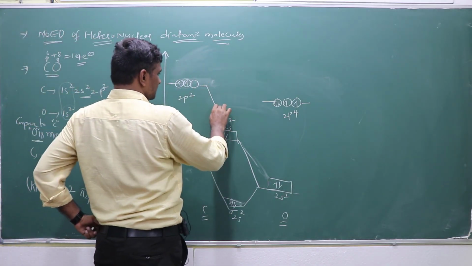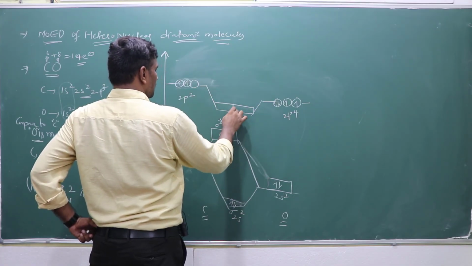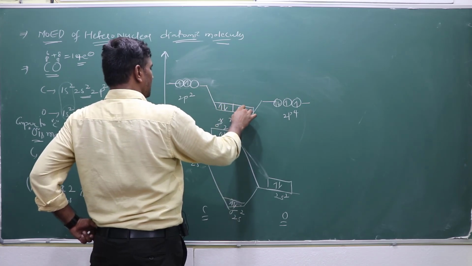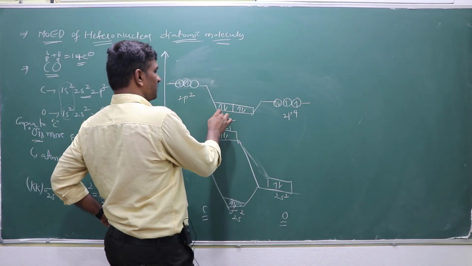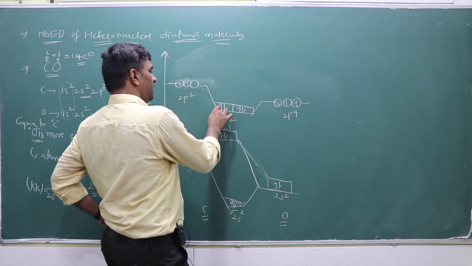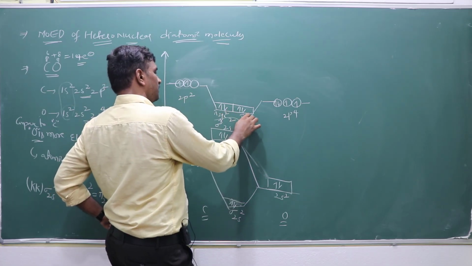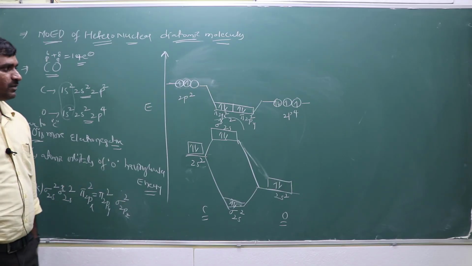And if you can see this, this is 2 electrons and this one is 2 electrons. These two and these two, filling takes place, so this may be considered as pi 2px2 and pi 2py2, this configuration, pi 2px2, pi 2py2.